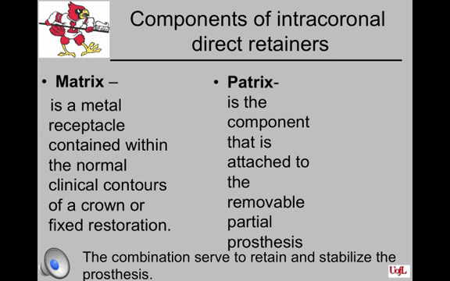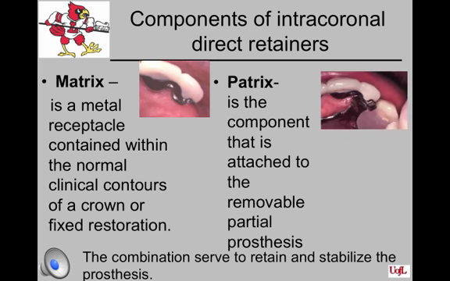The components of the intracoronal direct retainer are, first, the matrix, sometimes called the female, which is a metal receptacle contained within the normal clinical contours of the crown or the fixed restoration. The other part is the patrix or male, and it is the component that is attached to the removable partial prosthesis.